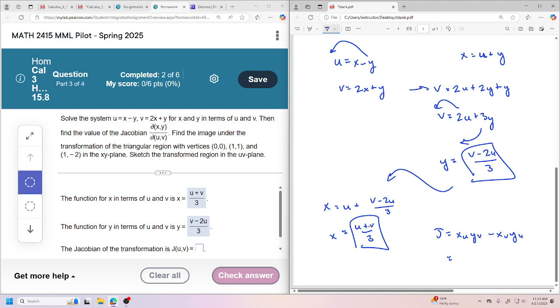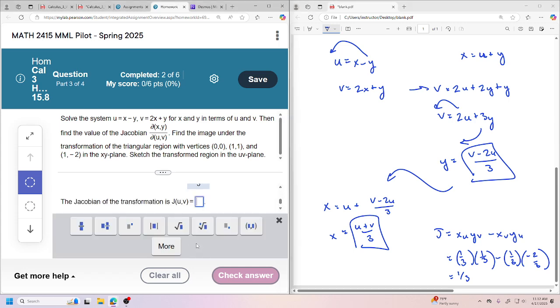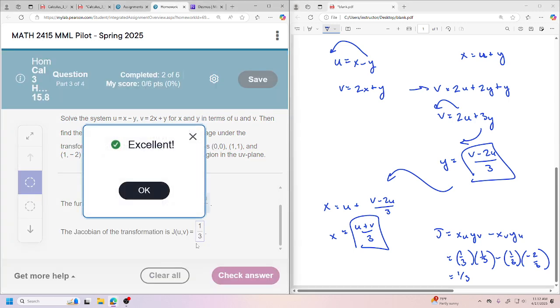And so this one would be a 1/3. This one here would be a 1/3. 1/3, and then negative 2/3. Because these are two negatives, they make a positive. So we're going to have 3/9, which ends up just being a 1/3. There we go.